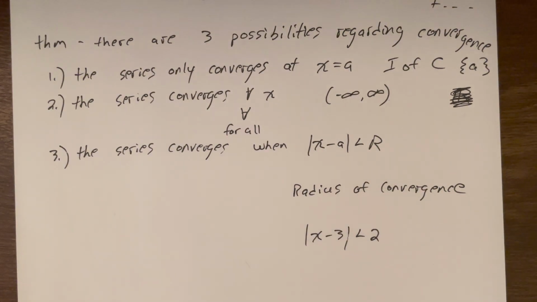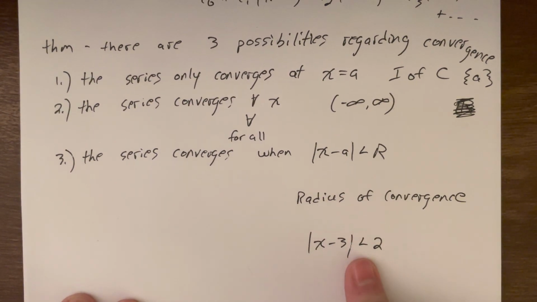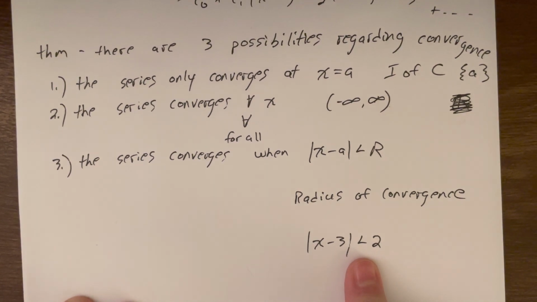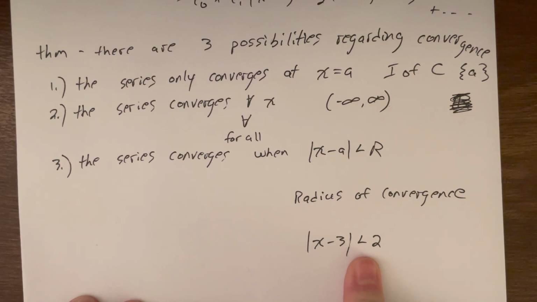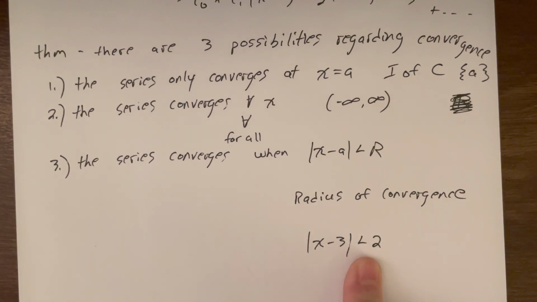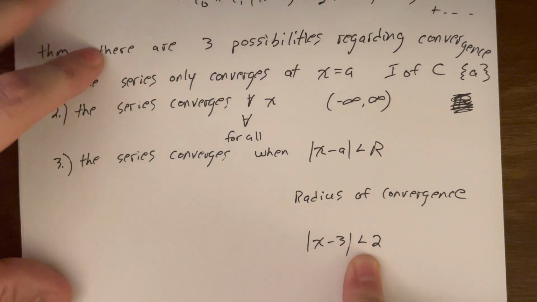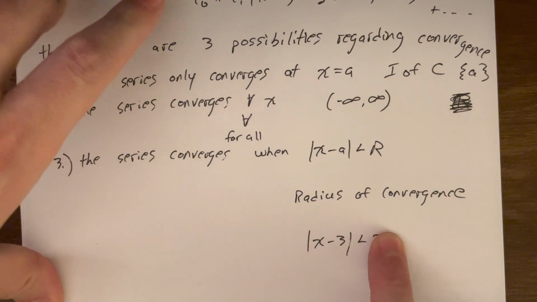In this one, I want to be clear. I will always focus on the interval of convergence. Several of the problems in our book ask you for both. They say, what is the radius of convergence, and also ask you for the interval of convergence. I'm really trying to emphasize the interval, but you should understand the radius as well.